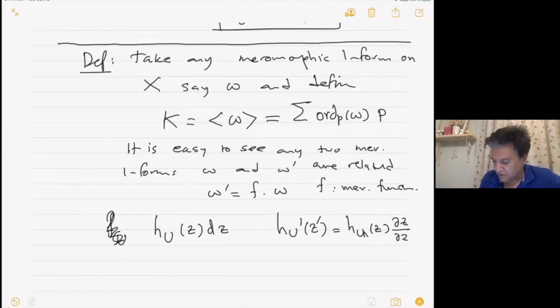So if you go from one chart to another, these local representations of your meromorphic one form behave like this, by this formula of change of coordinates.